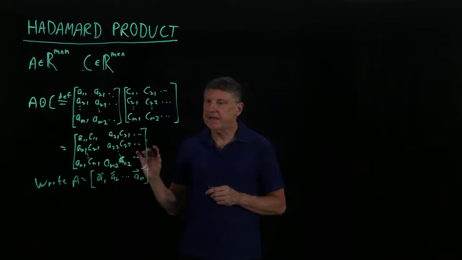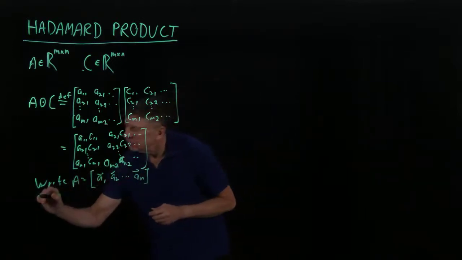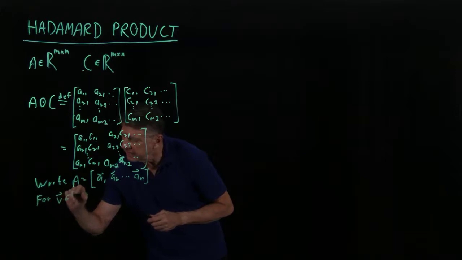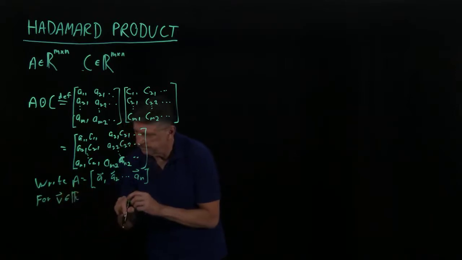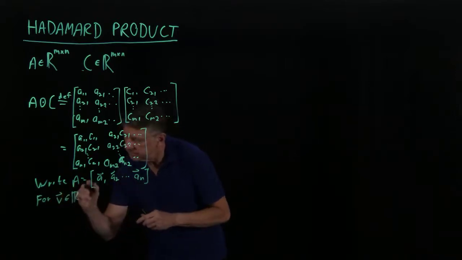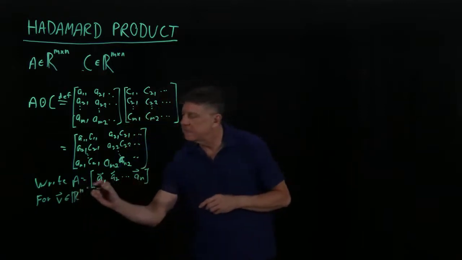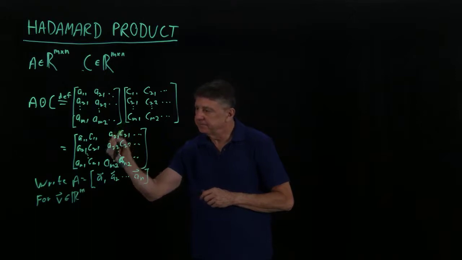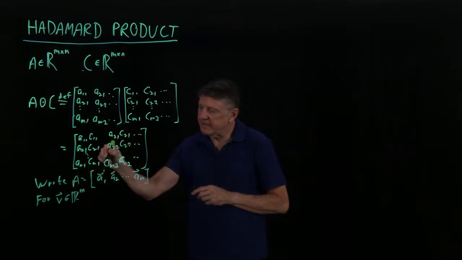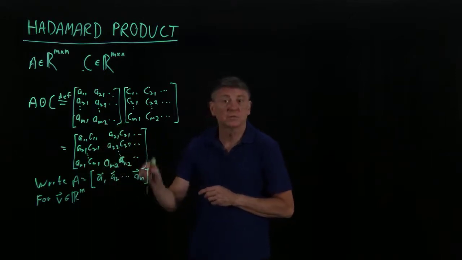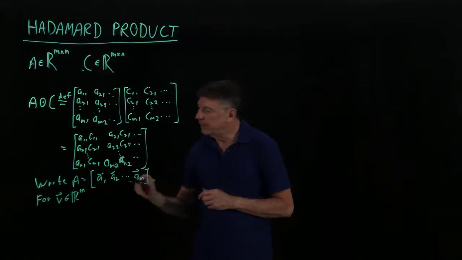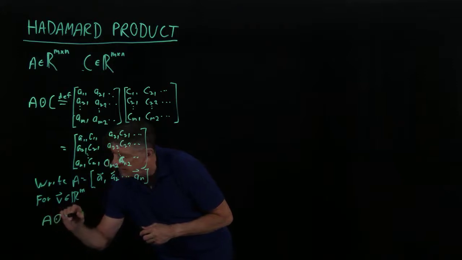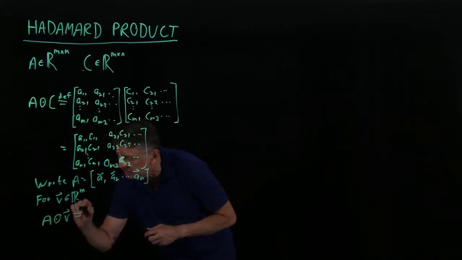Then if we have a vector that also has m entries, so that it has as many entries as each of the columns of A, then we can define the Hadamard product of the matrix and that vector.